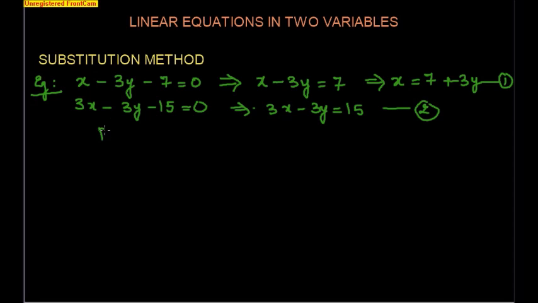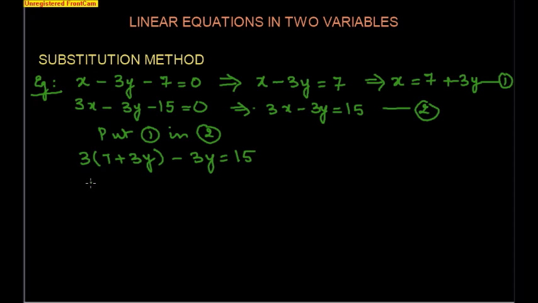So now we put first equation in second equation and I get 3 into 7 plus 3y minus 3y is equal to 15. As you open the brackets, you get 21 plus 9y minus 3y is equal to 15, or 21 plus 6y is equal to 15.